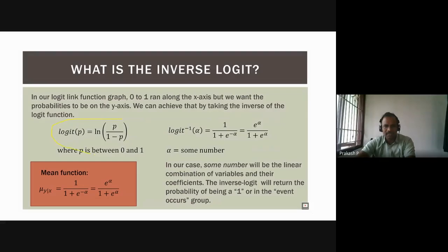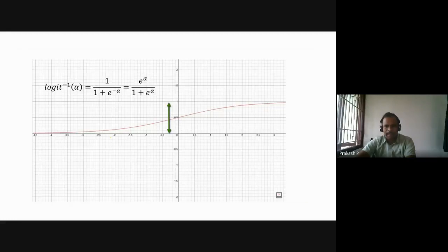The logit of p is the logarithm of the odds ratio, probability p divided by 1 minus p. Once you reverse it, the logit curve changes from row-wise to column-wise.